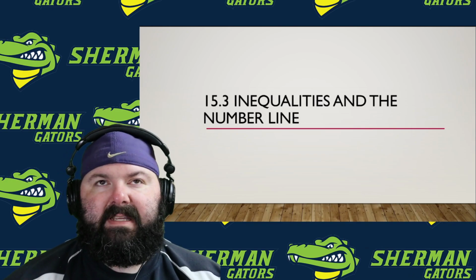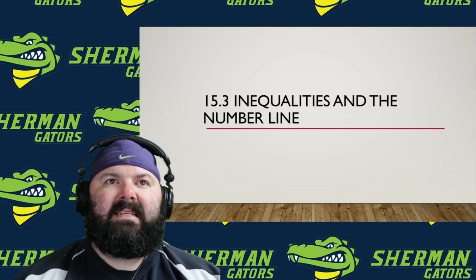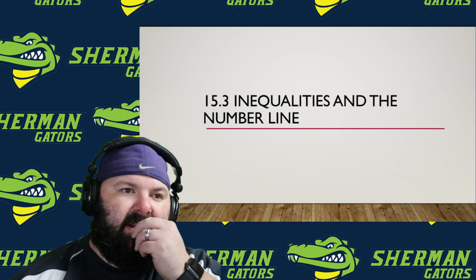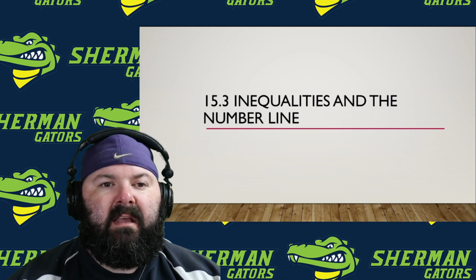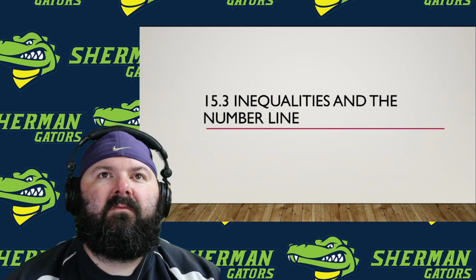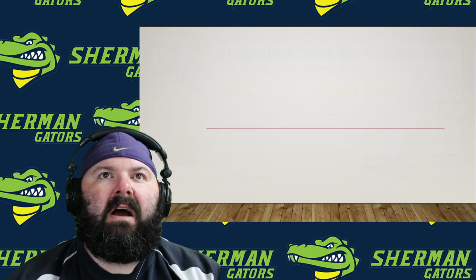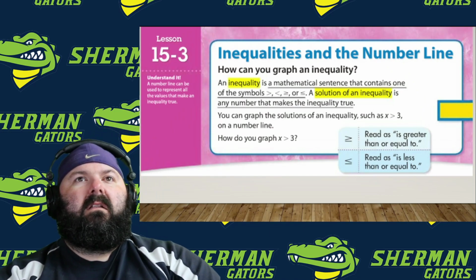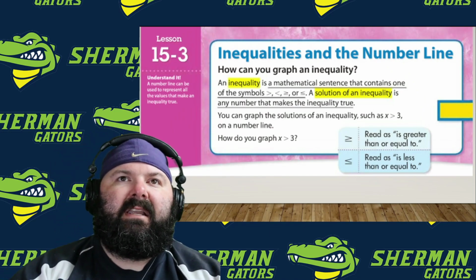We are doing 15.3, which is inequalities and the number line. Now you might ask what an inequality is, but I promise you, you already actually know what these are. We just don't really call them that. Our lesson is asking, how can you graph an inequality?